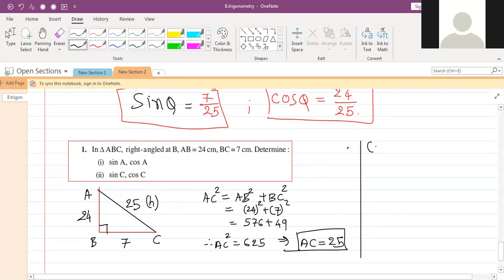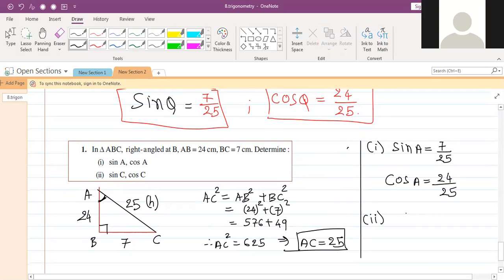First we find sine A, using this angle A. Sine A is base upon hypotenuse, that is 7 upon 25. If we take cos A, that is perpendicular upon hypotenuse, or adjacent upon hypotenuse, that is 24 upon 25.